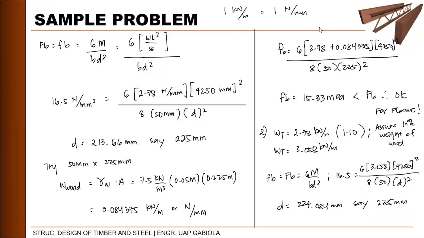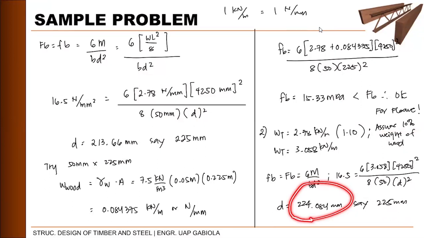Okay? So, you can assume 10% as your weight ng wood for verification. Since design naman to, wag mong ilimit yung mga ina-assume yung values, no? Okay? So, pwede nga halimbawa to, kung kahit increment lang siya by 25, pero kung wala naman sa market ng size na for 4.5, hindi available dun sa hardware na malapit sa'yo.